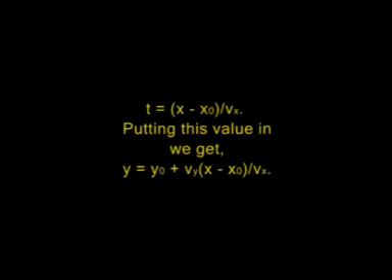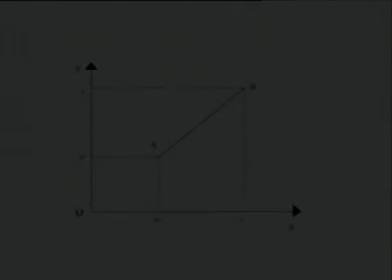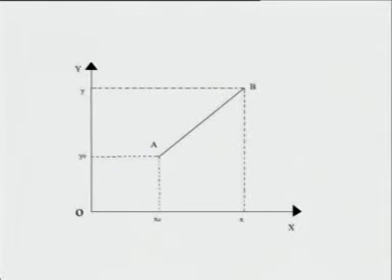Putting this value in, we get y is equal to y0 plus vy into (x minus x0) by vx. This is the equation of a straight line having slope vy by vx. This is shown by the straight line AB in the figure. Hence, the path of an object moving with uniform velocity in 2 dimensions is a straight line.